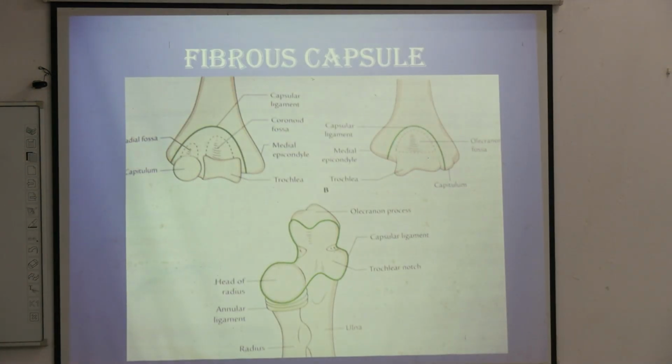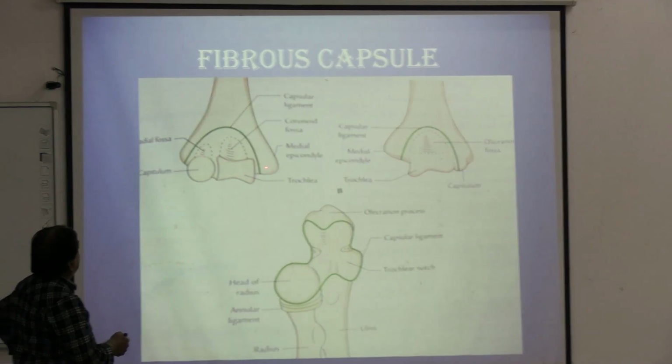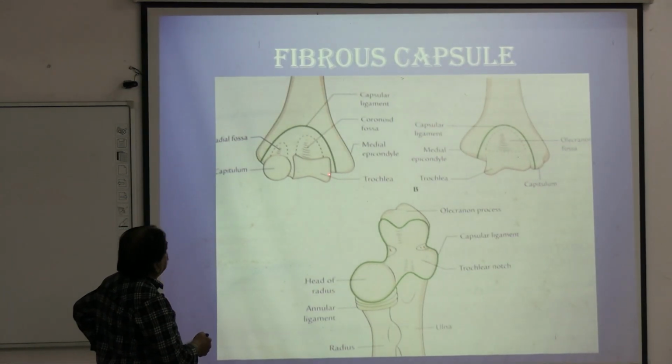Now you see the fibrous capsule. The radial fossa is here, the capitulum, the trochlea, and the capsular ligament, this green is the capsular ligament. And this is the coronoid fossa and medial epicondyle and trochlea.